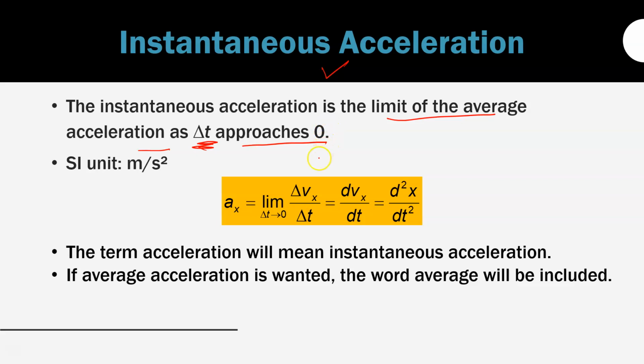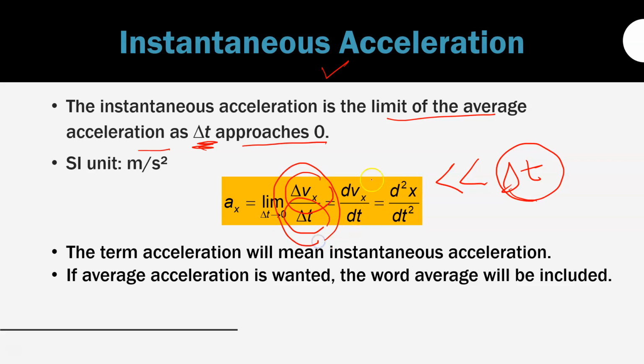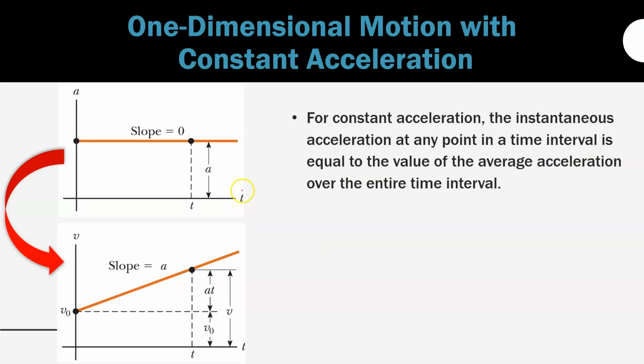Again, the notation means that the ratio delta v over delta t is evaluated for smaller and smaller values of delta t. And the closer delta t gets to 0, the closer this ratio gets to a fixed number, which is what we call instantaneous acceleration. Right.